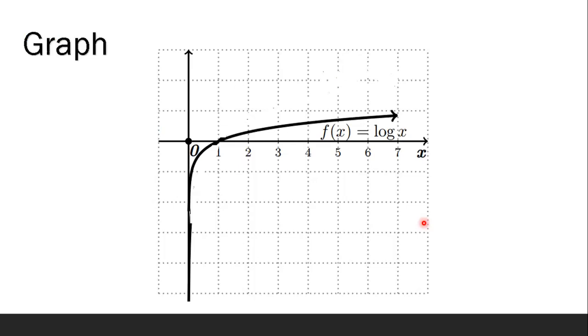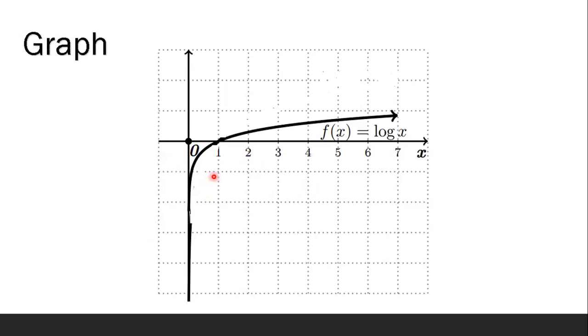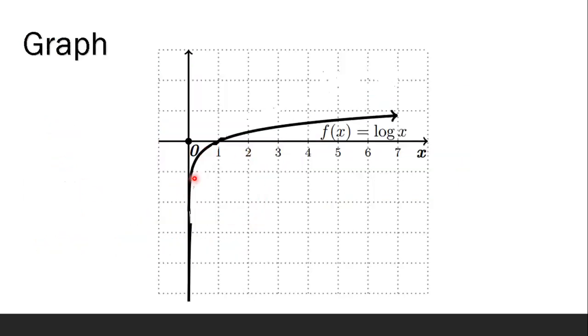Observing from the table, we plot here the graph. You can see it there. This is the graph of our f of x, which is equal to logarithm of x. So the same observation: as x approaches 1, this is the x value, right?